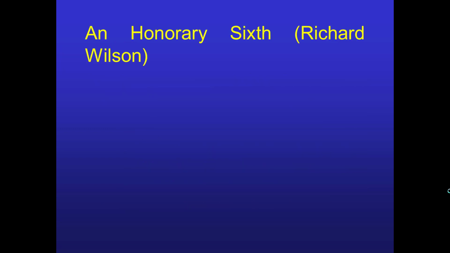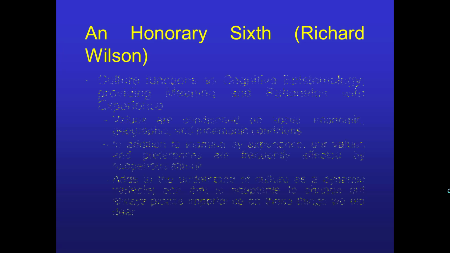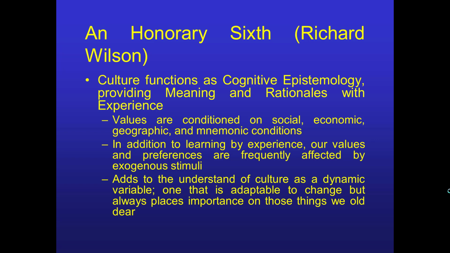Okay? And to these five that are taken from the Ross article, there is an honorary sixth that I pulled from the Richard Wilson piece, The Many Faces of Political Culture. And it's the last quote-unquote face in that article.